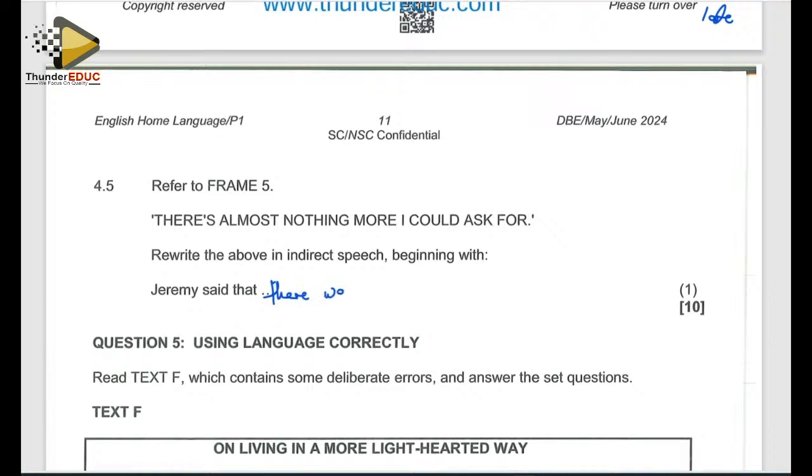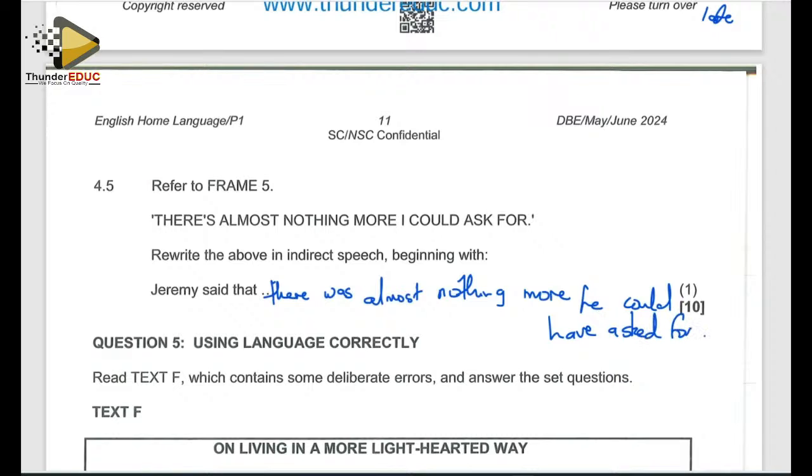Jeremy said that there was almost nothing more he could have asked for. That's our past tense. The tense changes to past, and therefore the pronouns change. I becomes he as we are reporting. That is our frame 5, indirect speech.